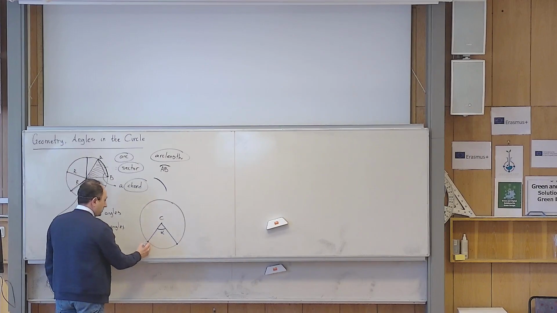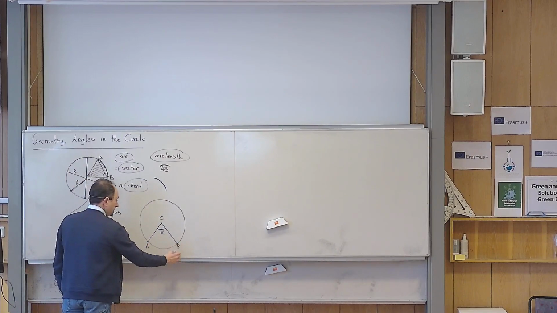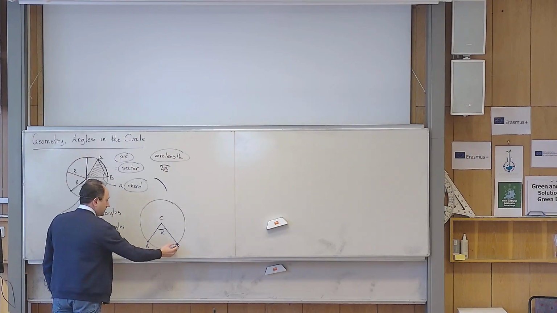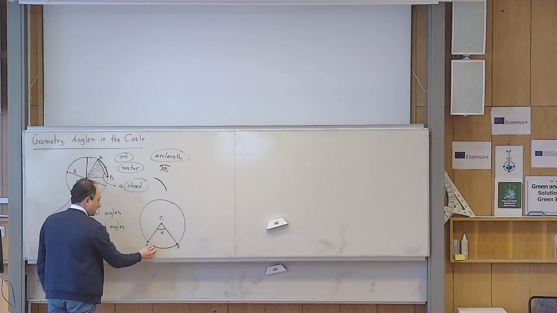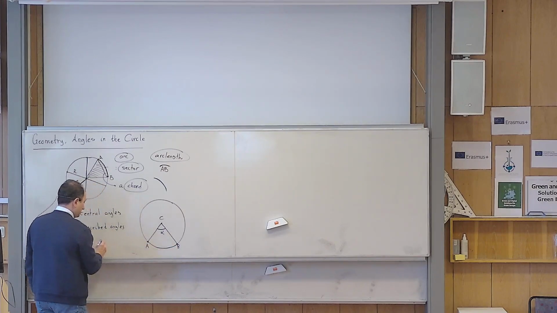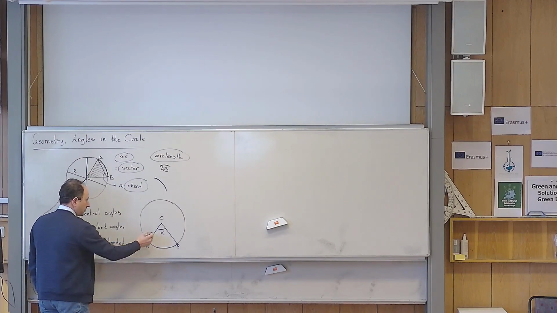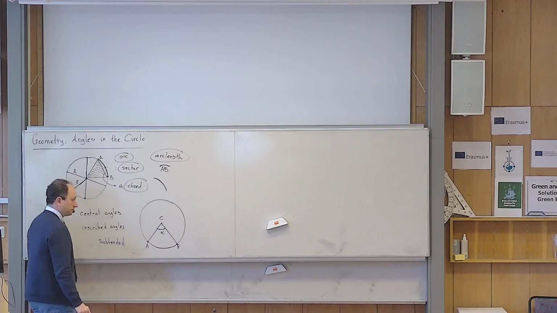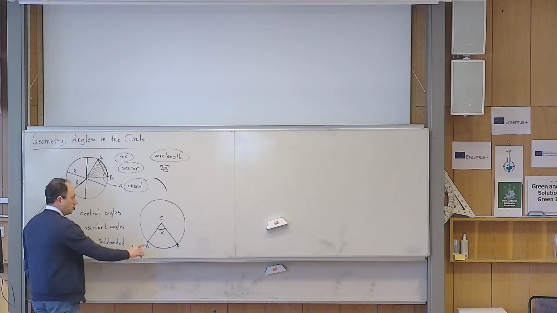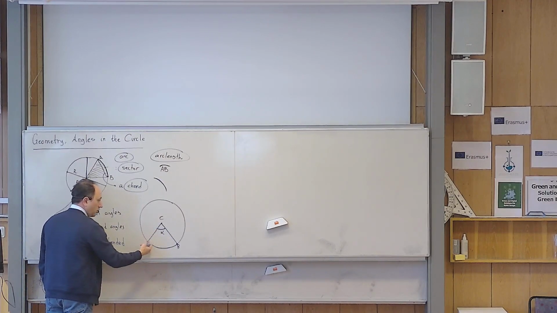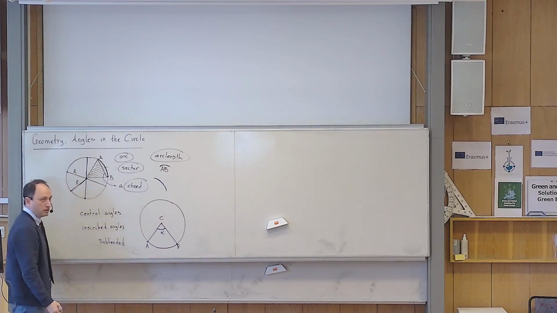And if this one is A and this one is B, we can say that this arc is subtended by the central angle alpha, or alpha subtends arc AB. It's the terminology.